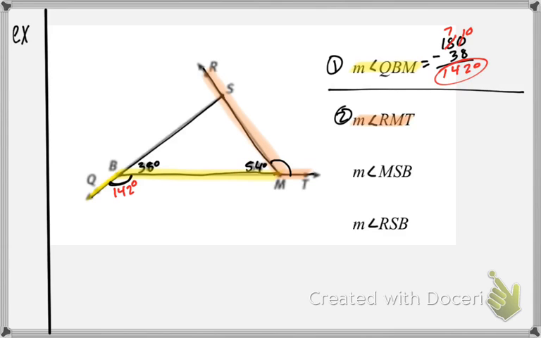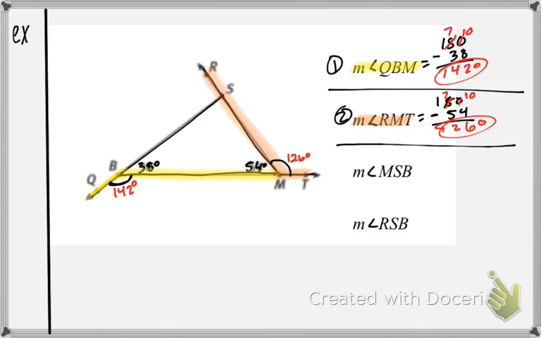So I can do 180 minus 54, and that should give me my angle. So here we got 7, 10, this would be 6 and 1, or sorry, 2, and then a 1. So that's 126 degrees. So 126 degrees. Awesome.